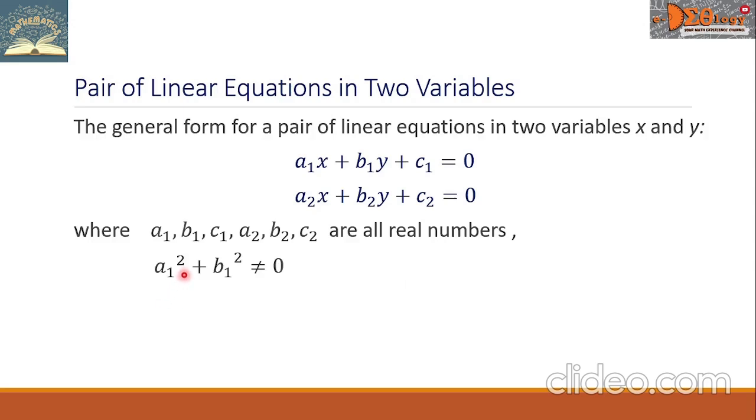A sub 1 squared plus b sub 1 squared is not equal to 0. Also, a sub 2 squared plus b sub 2 squared is not equal to 0.